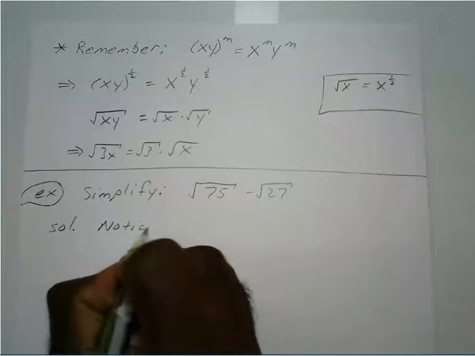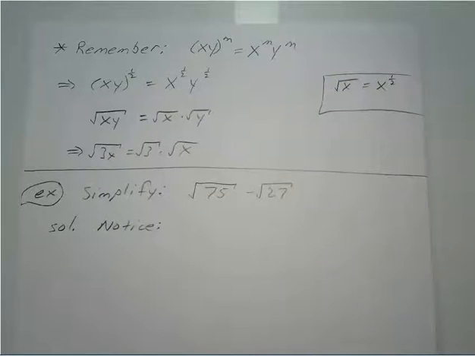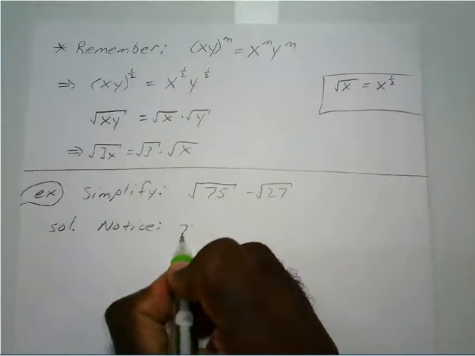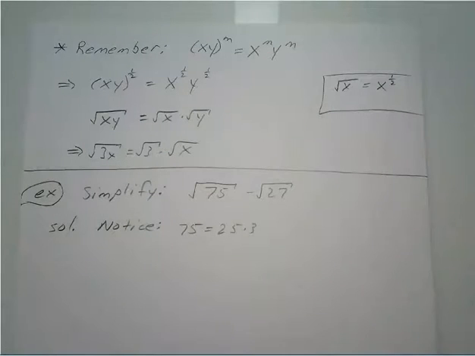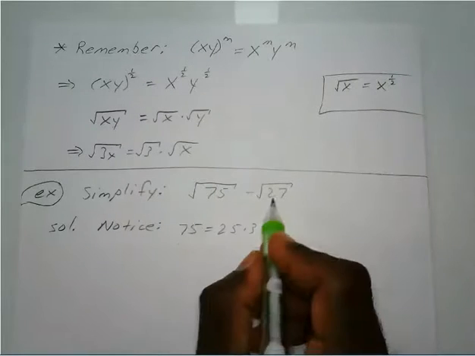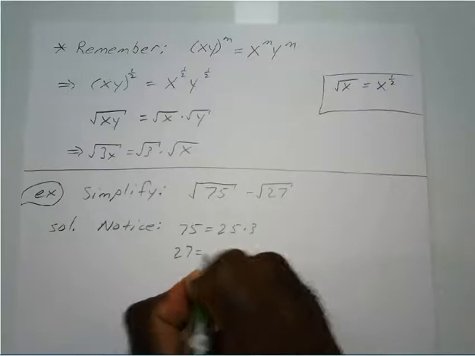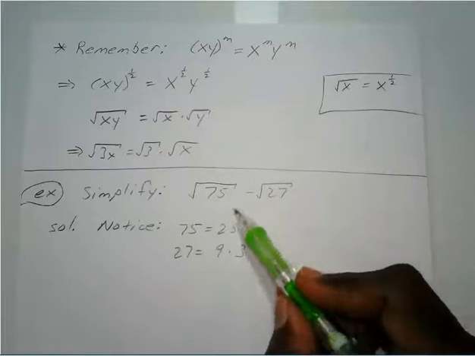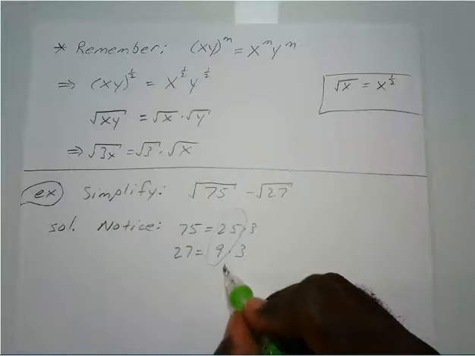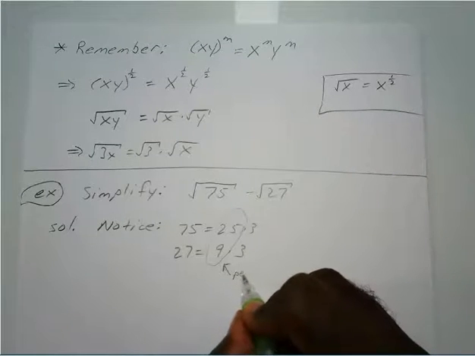So the first thing you want to notice is that 75 is equal to 25 times 3. Okay, so that gives you a perfect square. And also 27 is equal to 9 times 3. Okay, so both of those, you notice, have your perfect squares.